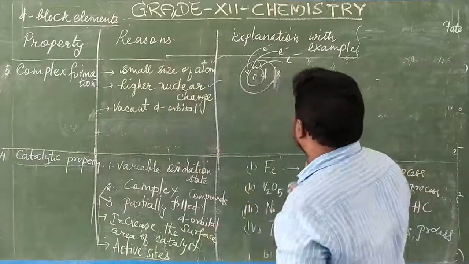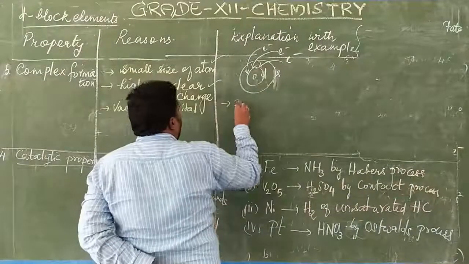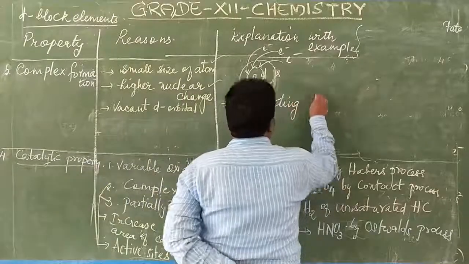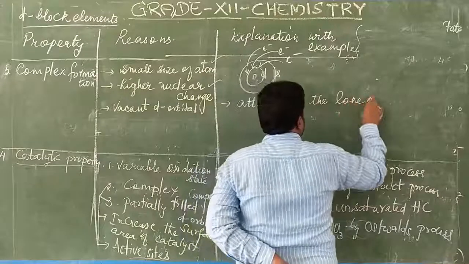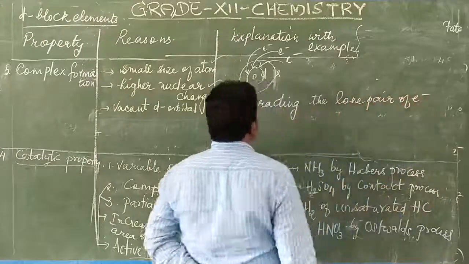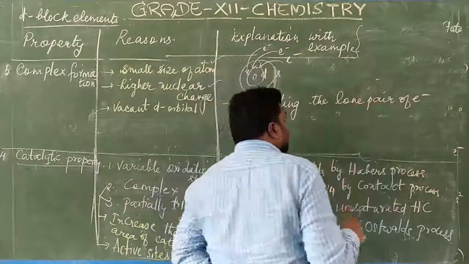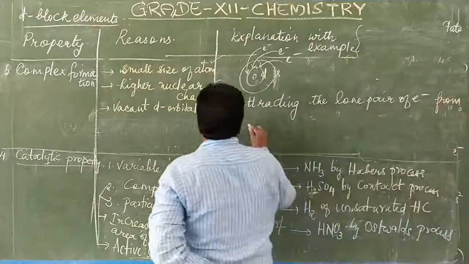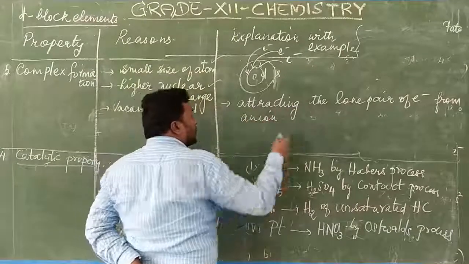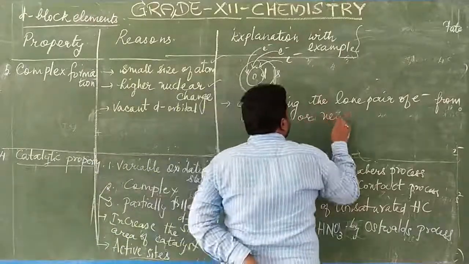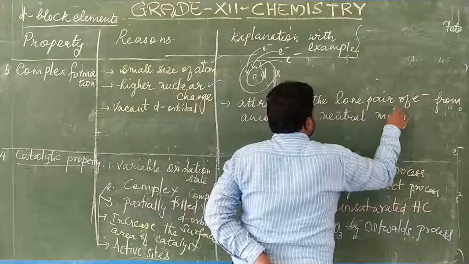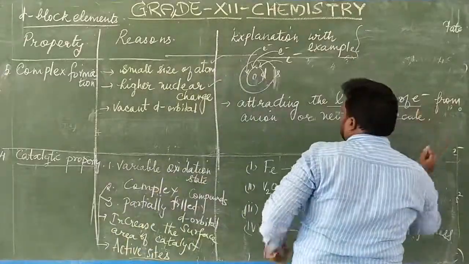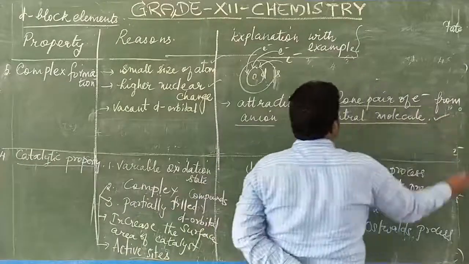Now what is this complex formation? Complex formation is nothing but accepting or attracting the lone pair of electrons from the anion or otherwise from the neutral molecule.